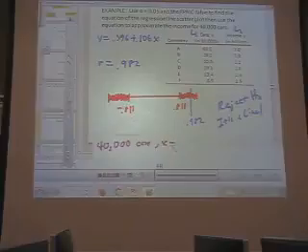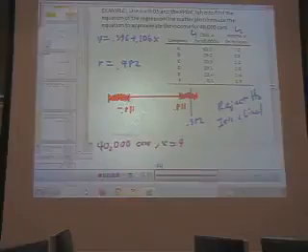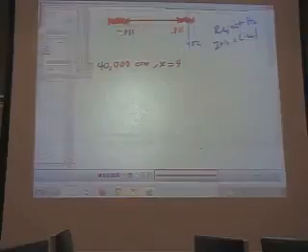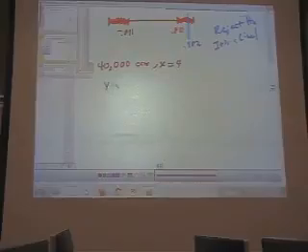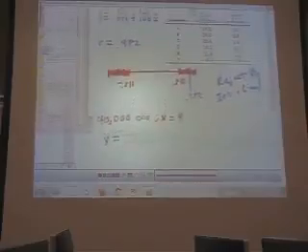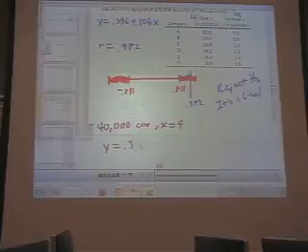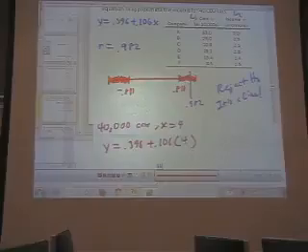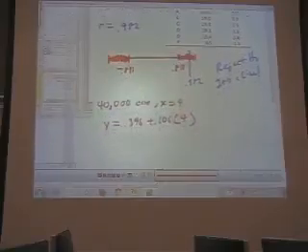X equals 4. And what's my income? Which one's income, x or y? Y. So what's y when x is 4? My y is 0.396 plus 0.106 times 4.